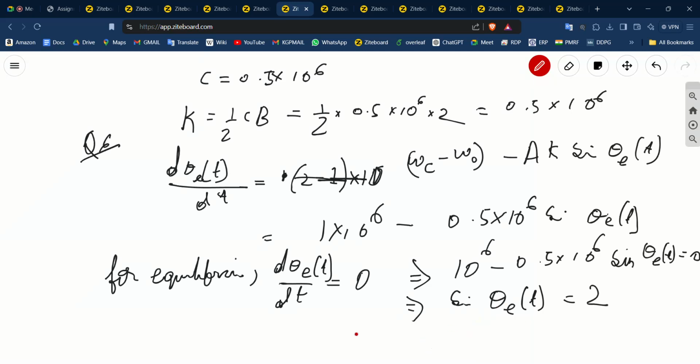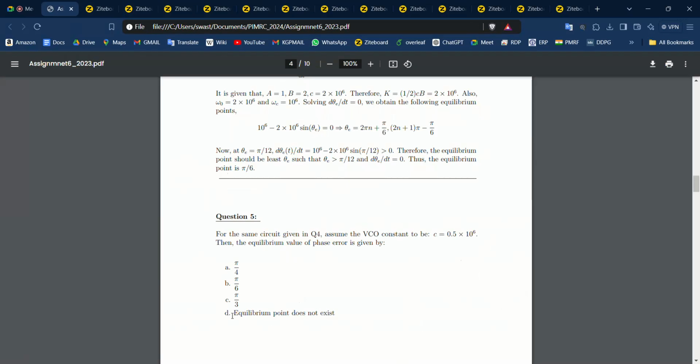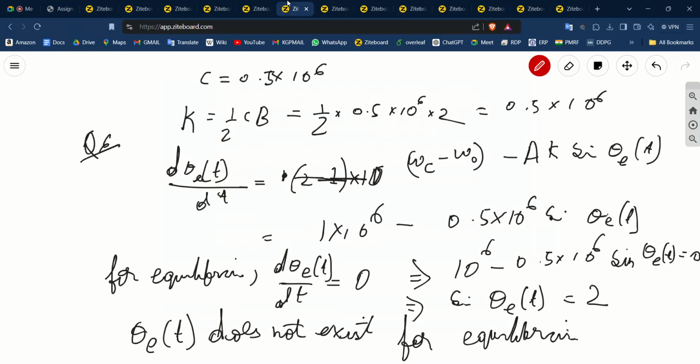Such a theta will not exist because sin theta e(t) cannot be greater than 1. So theta e(t) does not exist in equilibrium. So there is no equilibrium steady state error. Thus, the equilibrium point does not exist. Question 5 answer will be D.